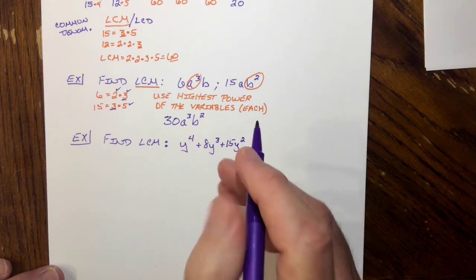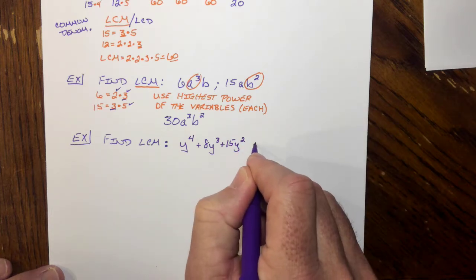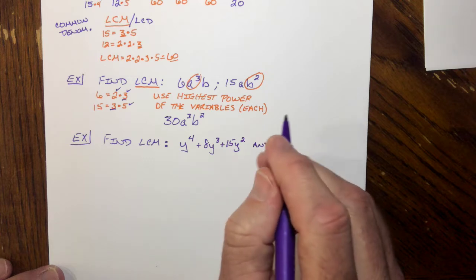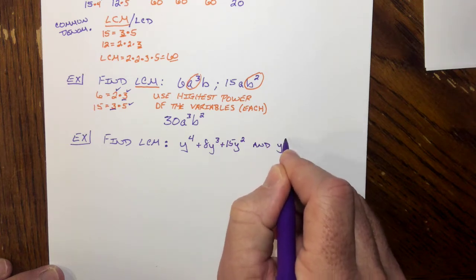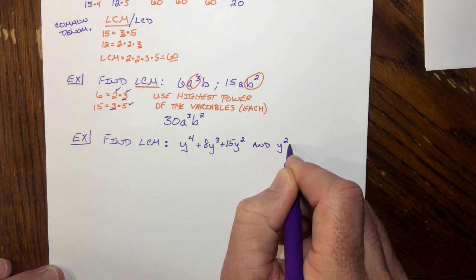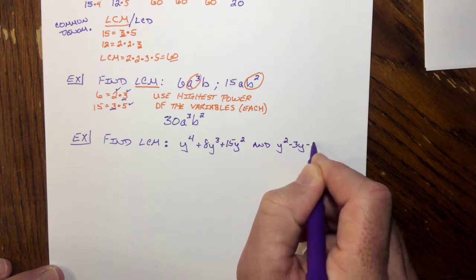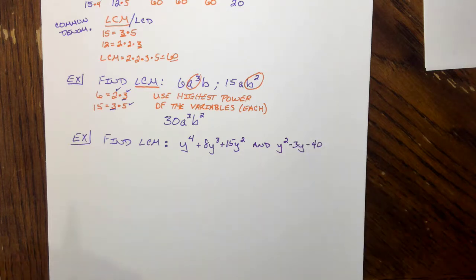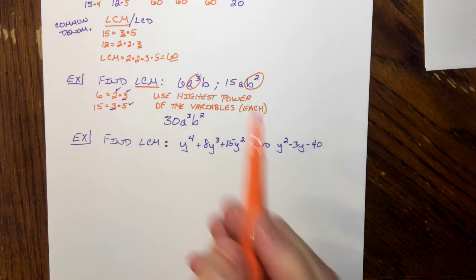So that trinomial represents some number. And we'll go y squared minus 3y minus 40. Again, that trinomial represents a single number. So what do we do in a situation like this? Notice what we were doing on the other ones. We were factoring them down. Same thing.